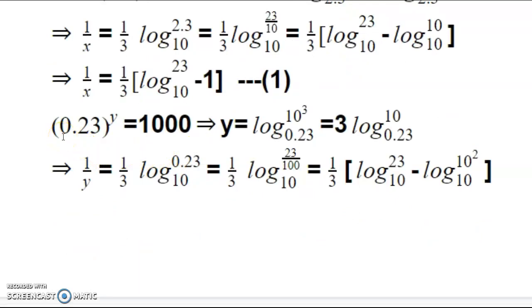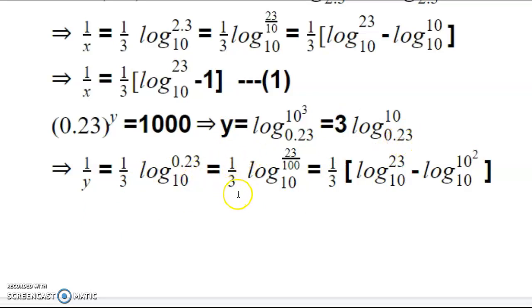The second one, 0.23 power y is equal to 1000. Again, y is equal to log of 10 cube base 0.23. So it is 3 into log 10 base 0.23. Again by reciprocation, we will get 1 by y is equal to 1 by 3 into log of 0.23 base 10.